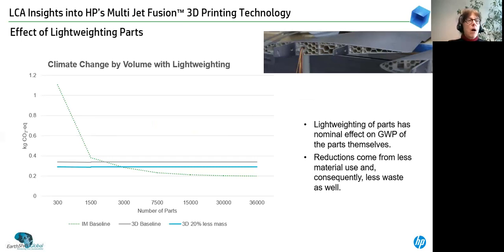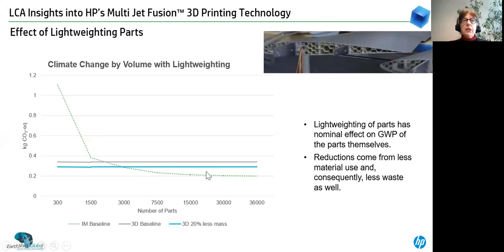So again, we've got the 3D printing as it stands today in this gray line, and then the 20% less mass in the blue line. I'm seeing a little jag in this line that is an artifact perhaps of my screen. If you're seeing that, it's not really there. And then again, the injection molding is this green dotted line here.